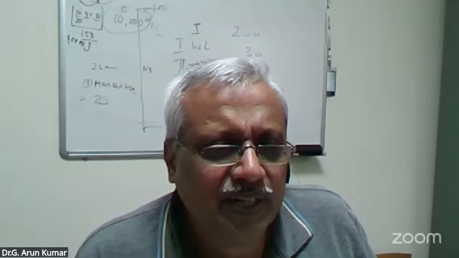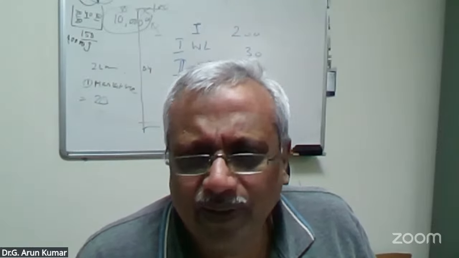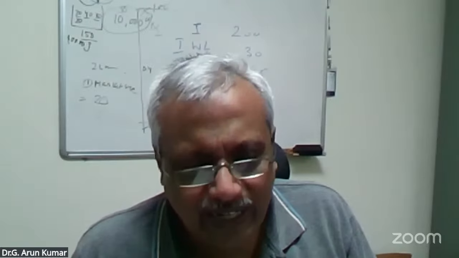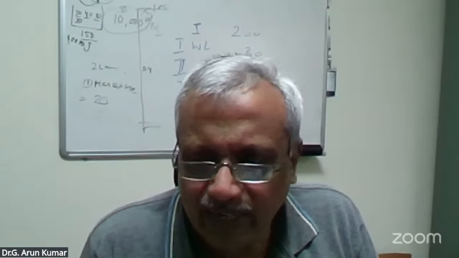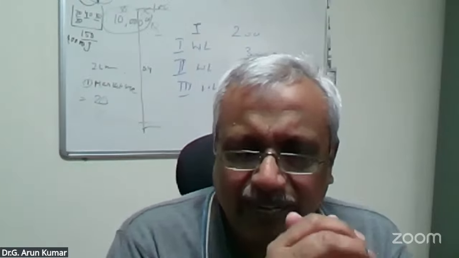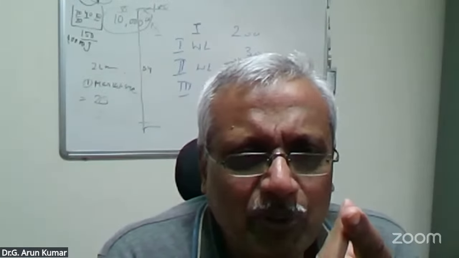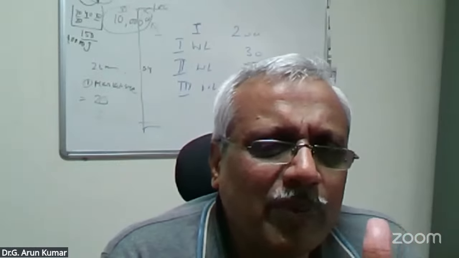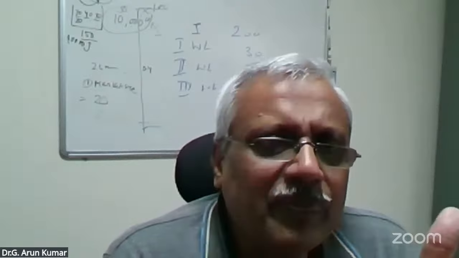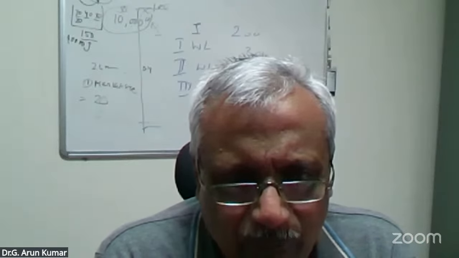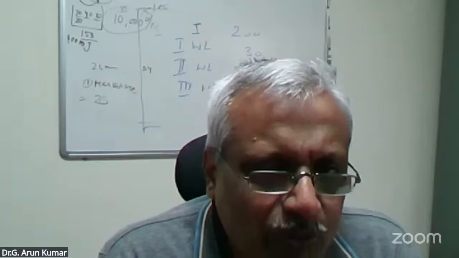For cost accounting, we'll have 12 MCQ numerical, which will make it 30. For financial management, 6 MCQ of 1 mark, 10 MCQ of 2 marks, and 1 problem of 4 marks. Only 1 problem. Cost accounting, 6 MCQ of 1 mark, 12 MCQ of 2 marks.